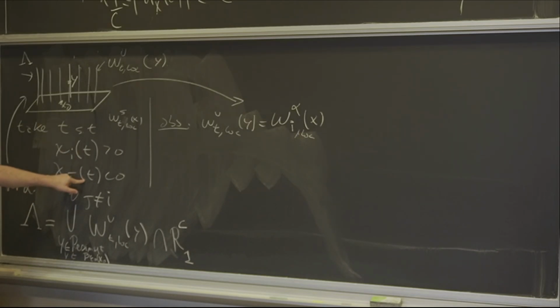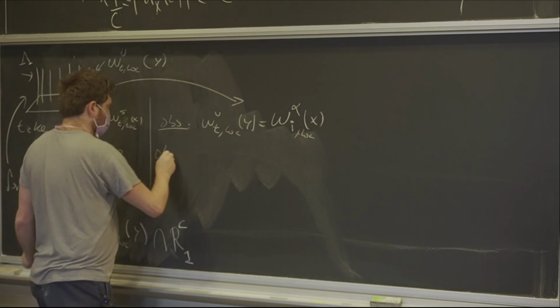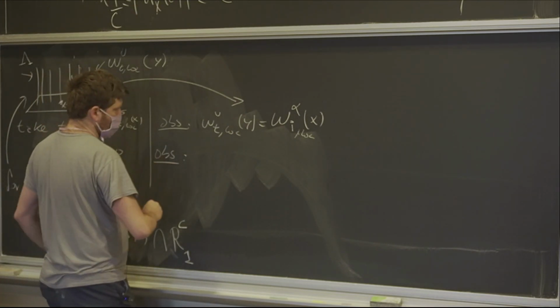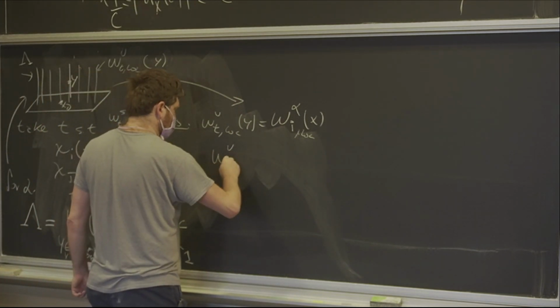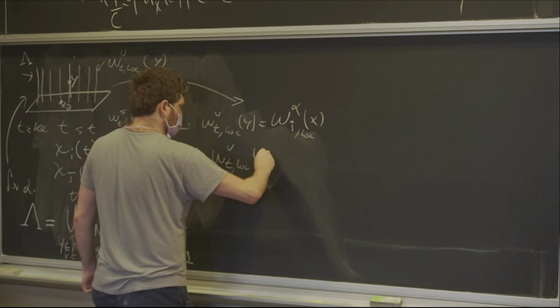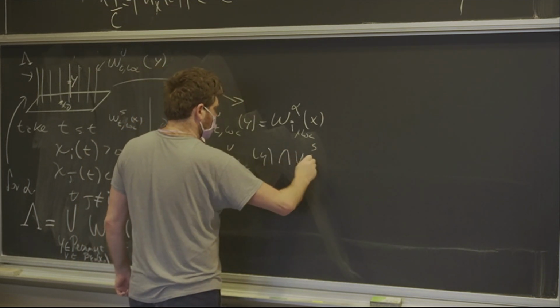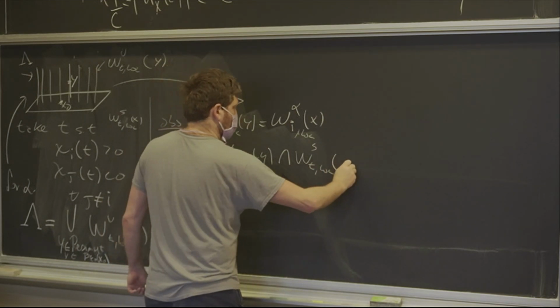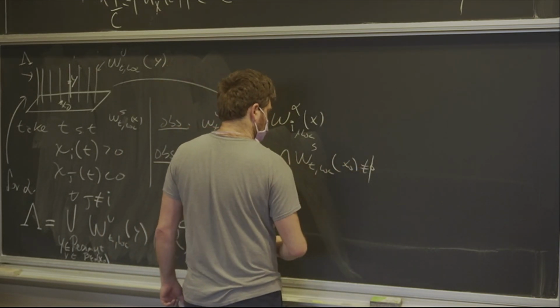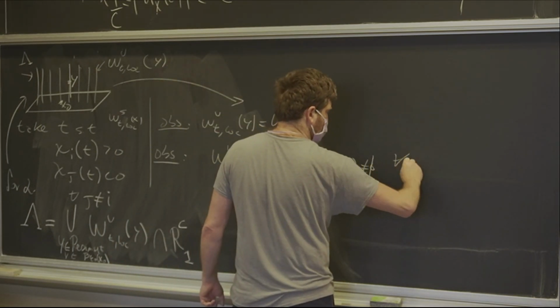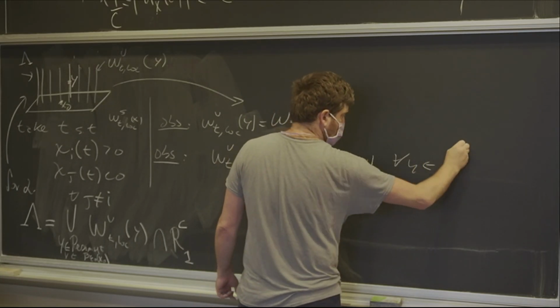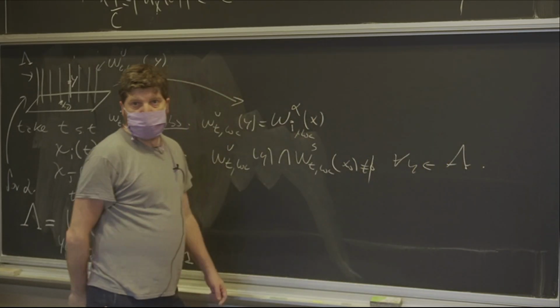So all the other directions are negative. The second observation, and that's why I draw the stable, is this WUT log of y intersecting the WST log of x naught is non-empty for every y in this set lambda.